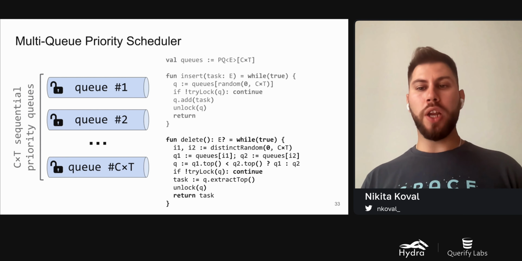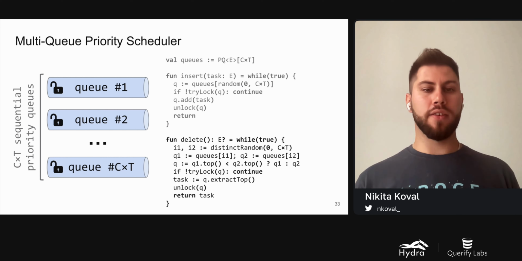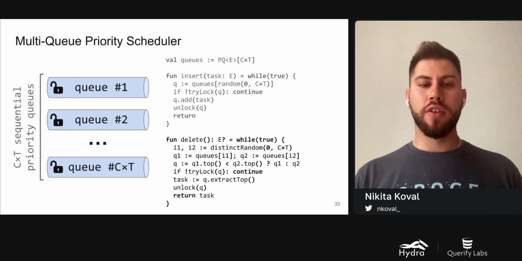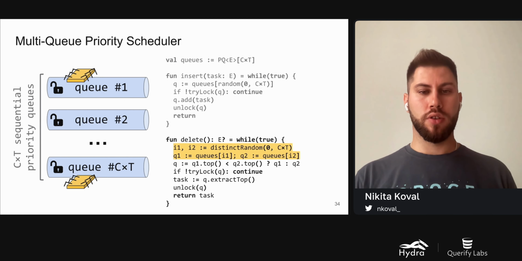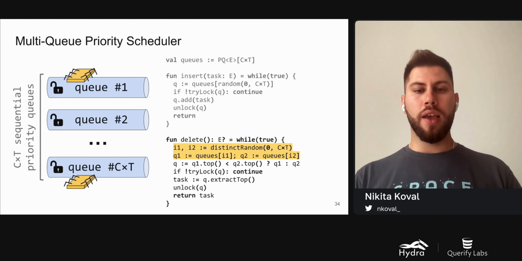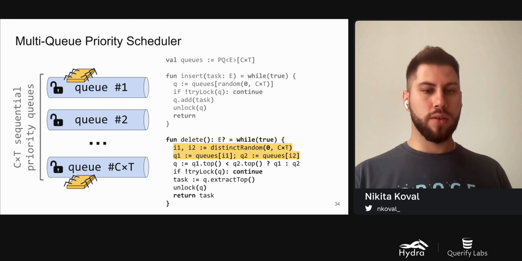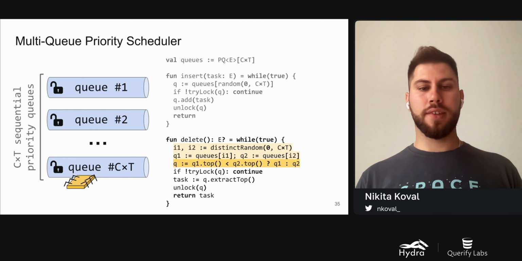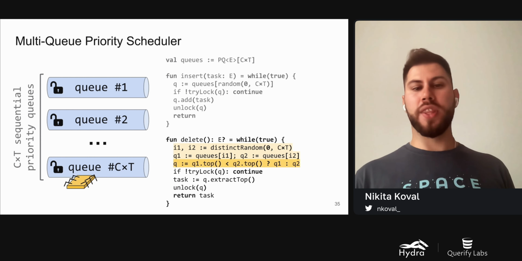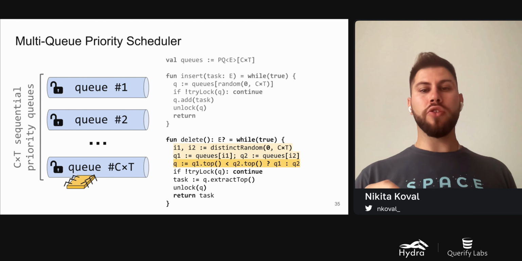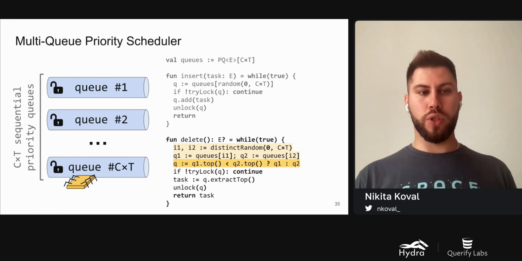Okay, but when we need to extract the task with the highest priority, we choose 2 queues, and between these queues we choose the one which has the task with higher priority. So we don't go through all of these queues. We choose only 2 of them.